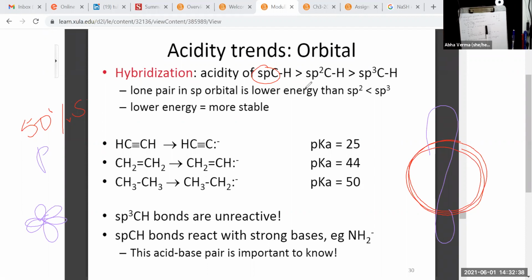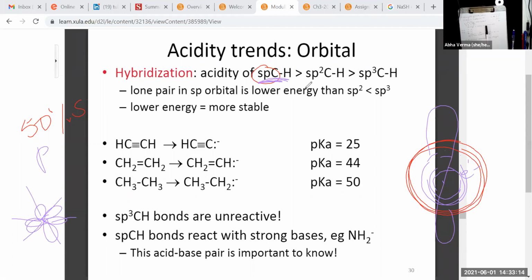But in sp, the negative charges can be stabilized if it is held close to the atom's nucleus. So all the electrons, instead of being spread out in directions, experience a spread in sp. Because of this spherical symmetrical shape, more S character helps the stabilization of the negative charge on an sp atom.